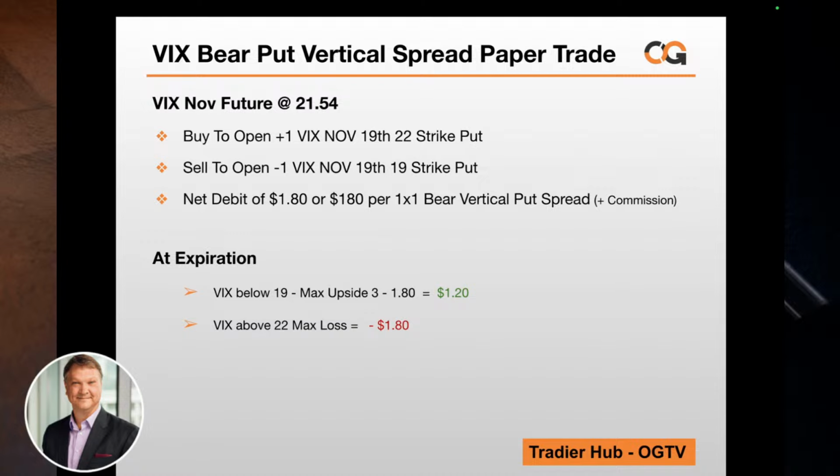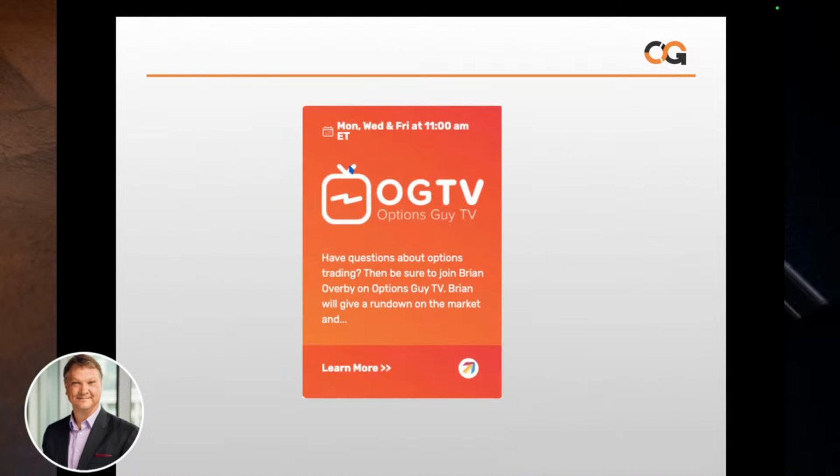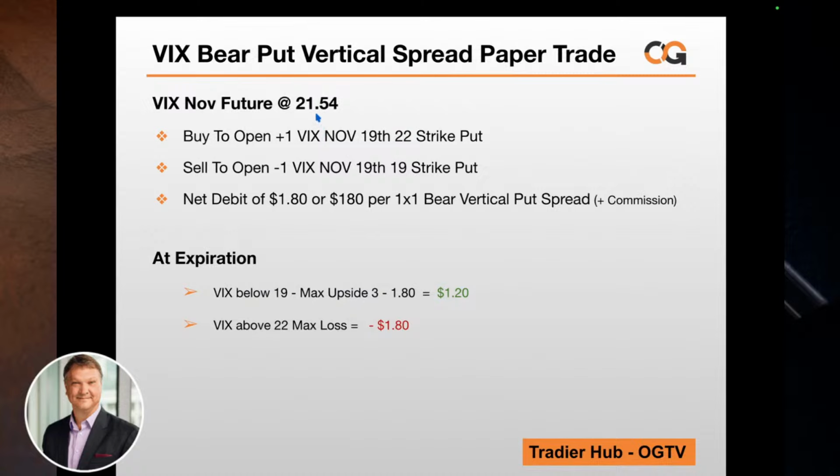Now, when I did this trade, the November future was at 21.54, and if we looked at buying a put vertical spread, otherwise known as a put debit spread or a bear put spread, there's many different ways to say it, but the risk is going to be the net debit that you paid for it. So we bought the VIX November 19th 22 strike put, and then we sold the 19 strike put, for a net debit of 180 per 1x1 bear put vertical spread.